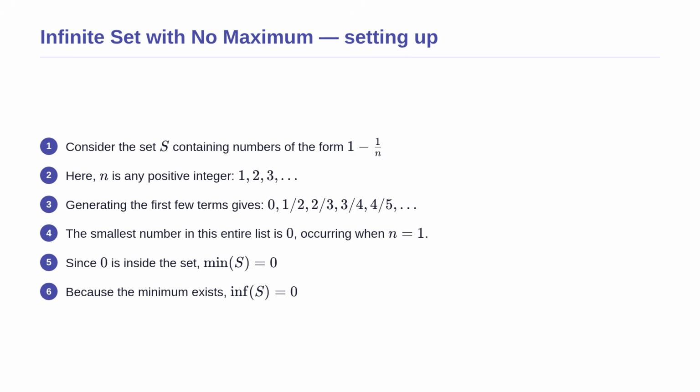We get 0, 1/2, 2/3, 3/4, and it continues forever. The smallest number in this entire list is 0, which happens right at the start. Since 0 is actually inside the set, it is the minimum. Because the minimum exists, the infimum is exactly equal to 0. Any floor higher than 0 would fail to support the very first number.